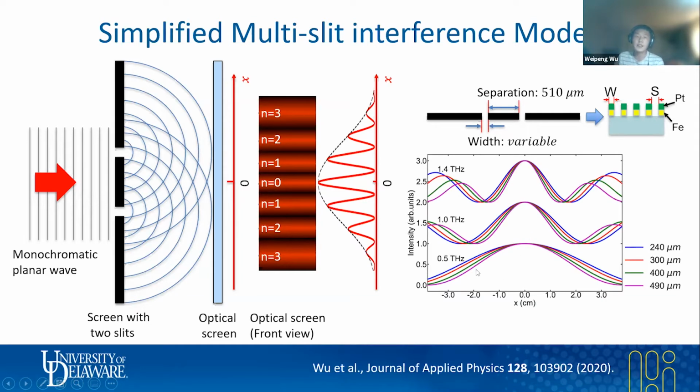As you can see, at the chosen frequencies 0.5, 1 terahertz, and 1.4 terahertz, by increasing the stripe width from 200 to 300 to 400 and finally to 490 micrometers, we can see a modulation to the intensity distribution on the detector. So this will later be reflected on the terahertz spectrum we could observe.